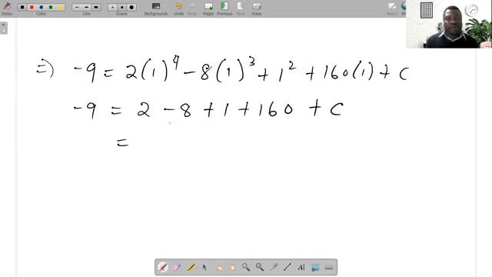That will give me -6 plus that will be -5. And so that will be positive 155 plus C and -9.